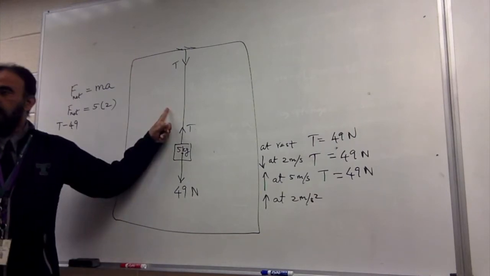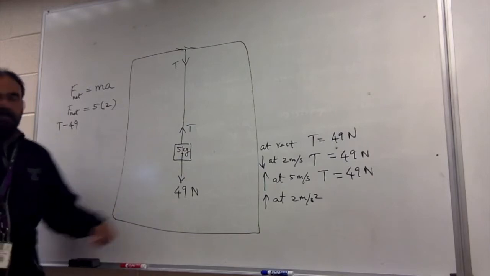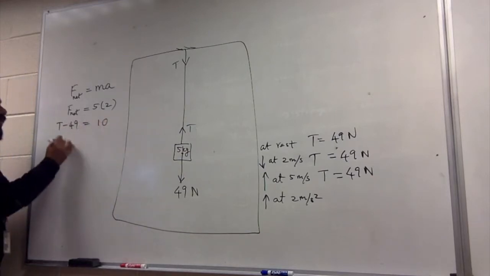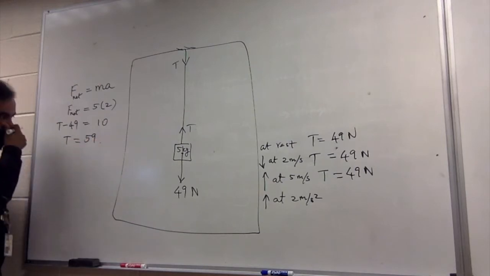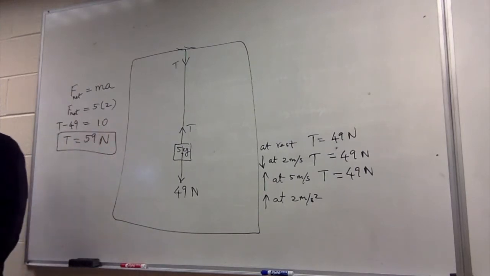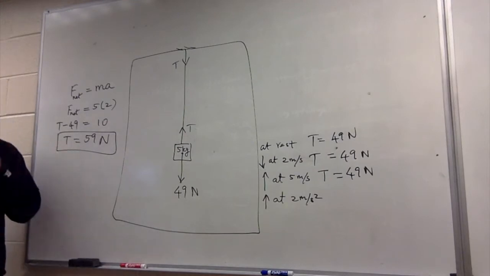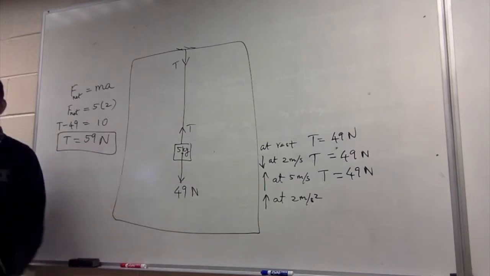T is upward, minus 49 downward, that's the net force, equal to 10. So what is tension? 59. The tension should be 59 newtons if this is moving in an elevator accelerating at 2 meters per second squared.